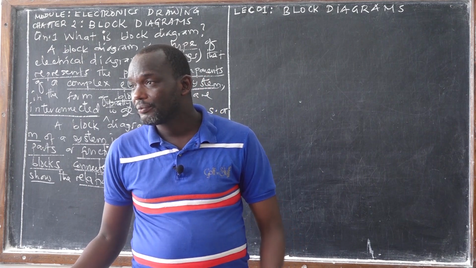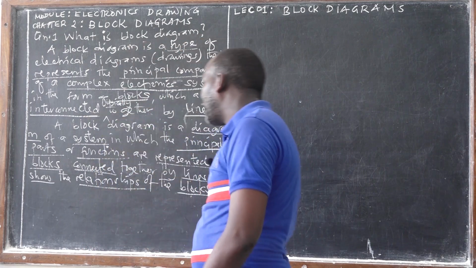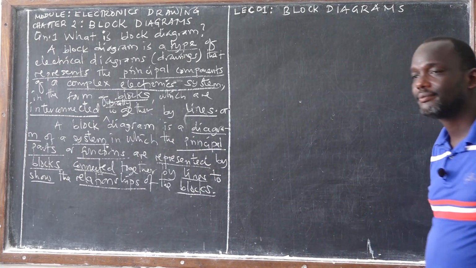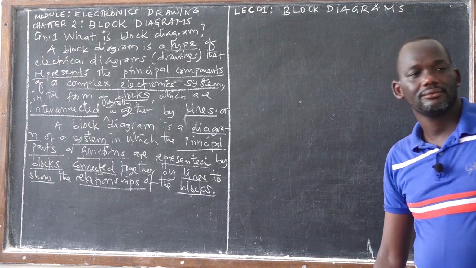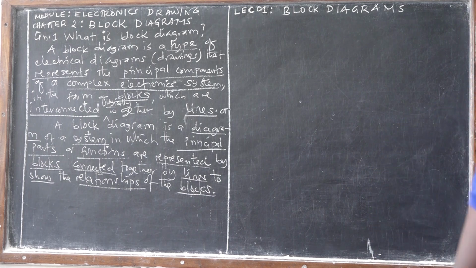Are we together? 1, 2, 3. Read the second definition quickly. A block diagram is a diagram of a system in which the principal parts or functions are represented by blocks connected together by lines to show the relationship of the blocks.